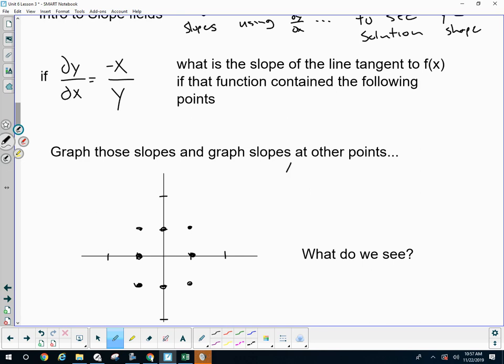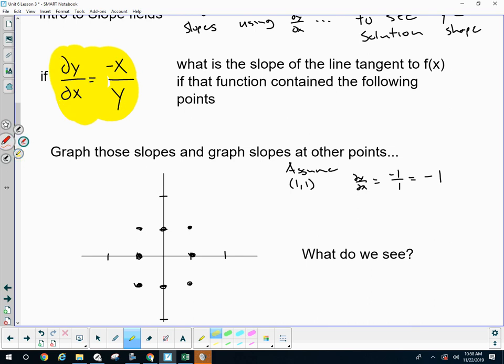Let's just assume 1, 1, or f of 1 equals 1, is like an initial condition. If 1, 1 is a solution, its tangent slope would be negative 1. Where did I get that? I got that from plugging it in here.